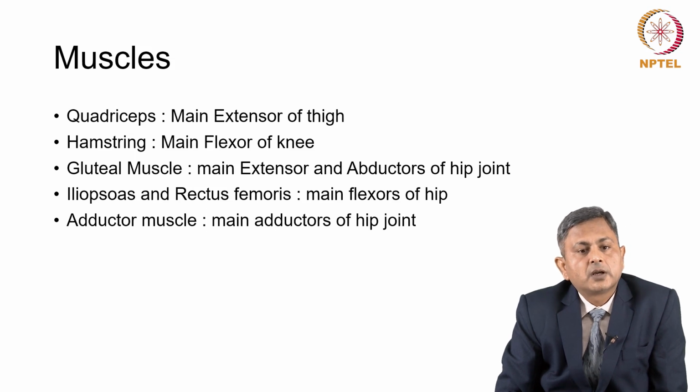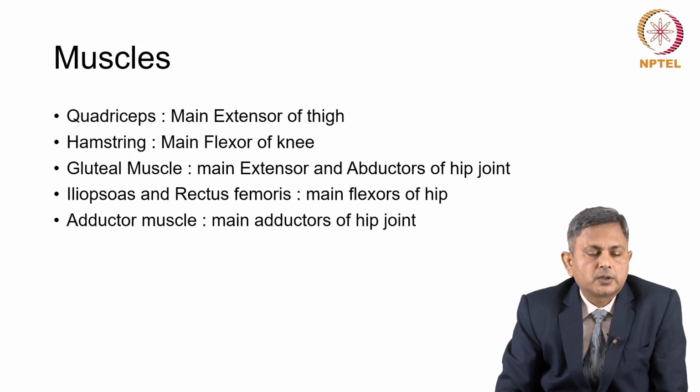Gluteal muscles are three in number: gluteus maximus, gluteus medius, and gluteus minimus. Then iliopsoas and rectus femoris are the main flexors of the hip joint, and the adductor muscles are the main adductors of the hip joint: adductor magnus and adductor intermedius.